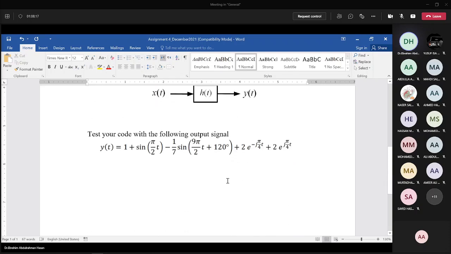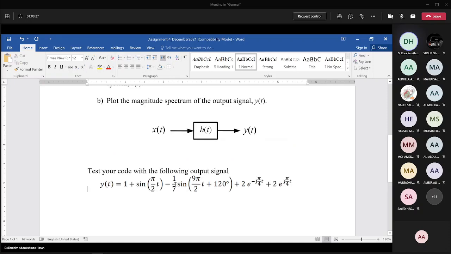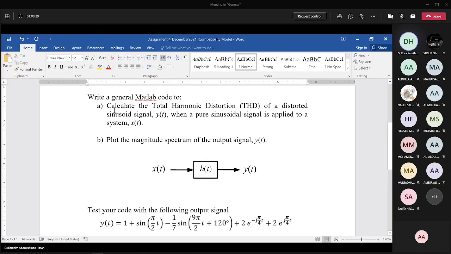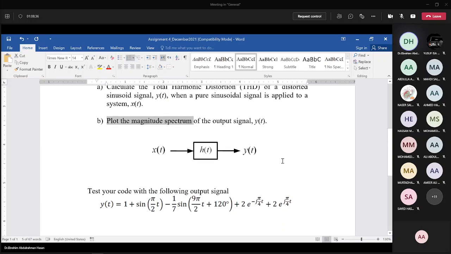In the assignment quiz, I am going to give you something similar to this. Not necessarily exactly. Something similar, and ask you to find the total harmonic distortion and plot the magnitude spectrum for the signal.